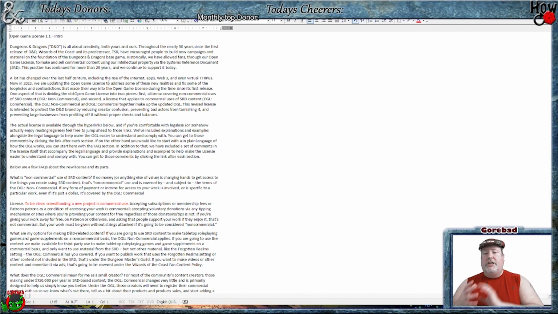And if you choose to use that, which allows you to put the big, almighty red dragon on your product, that comes with a whole bunch of its own stipulations and restrictions. So it's a separate entity altogether. Some people want that because it makes it look very official if you've got the logo. But again, that is trademark law. That is not the open game license. It's a separate entity altogether. Okay.